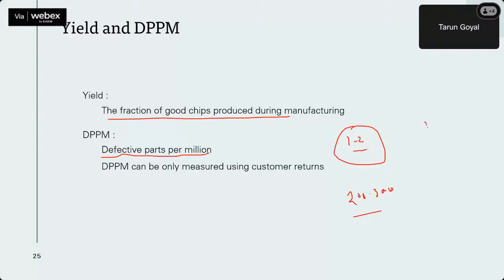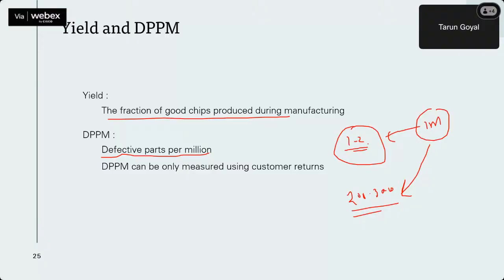It means out of 1 million parts, because of their test coverage and quality of DFT, they expect 200 to 300 defective chips shipping. When we come to auto, the testing is much more rigorous and much more is invested in test to ensure that out of millions, hardly 1 or 2 parts are defective. So that is what DPPM means.